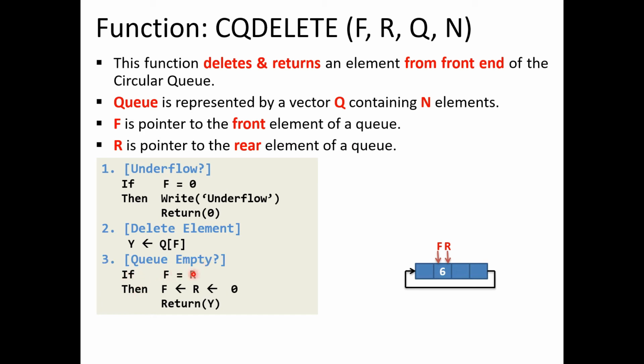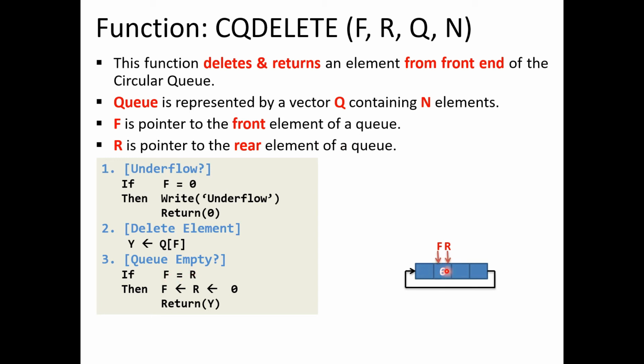If f is equal to r, then f and r both are set to 0 and return y. See, here front and rear both are pointed over here, and here element 6 is there. So if f is equal to r, this condition is satisfied here.